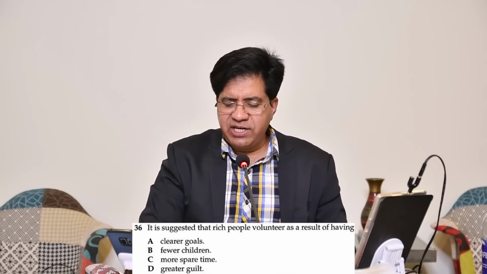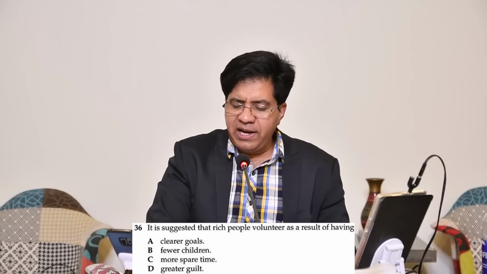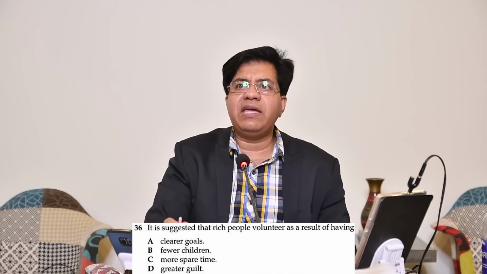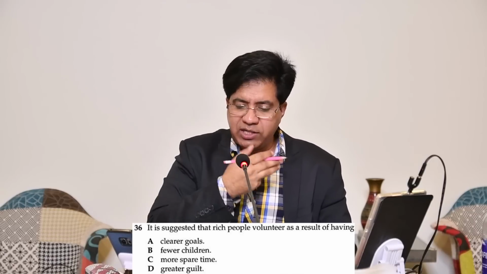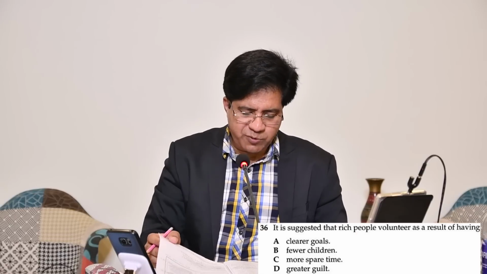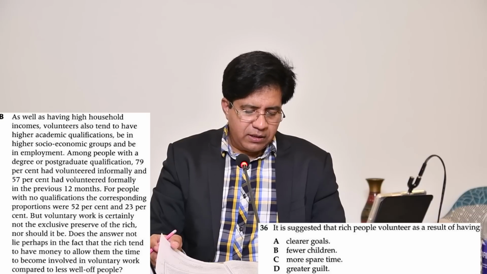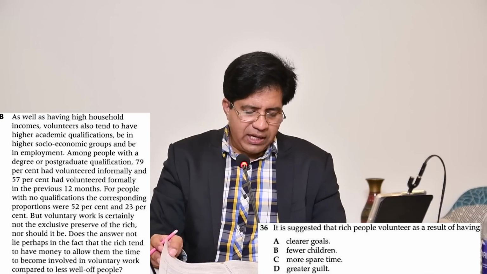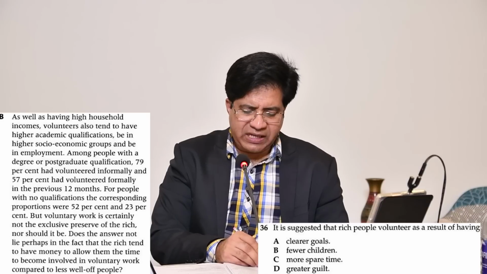It is suggested that rich people, clue word is rich people, volunteer as a result of having, look here, rich people do more volunteer work, why? Let's go back and find. Rich people. Same paragraph B. Now we are going to read paragraph B, the 5th last line.